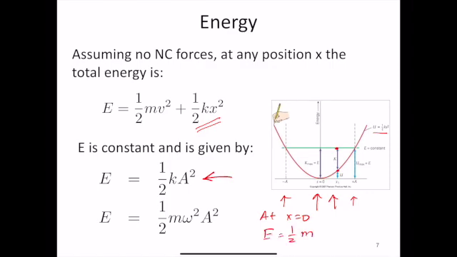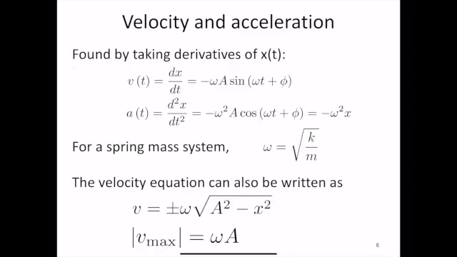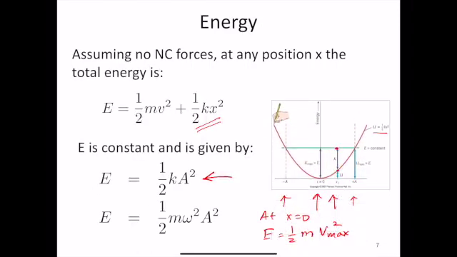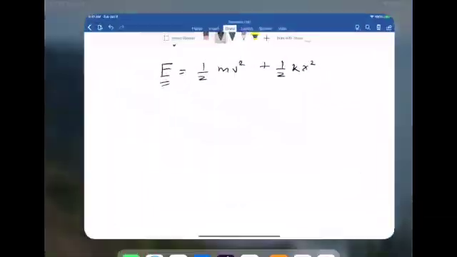What velocity does it have at x equals 0? The velocity is Vmax, which we just derived. So the total energy would be half m Vmax squared. And we just derived an expression for Vmax in the previous slide. Vmax is omega times A. So let's plug that in. I'm running out of space.